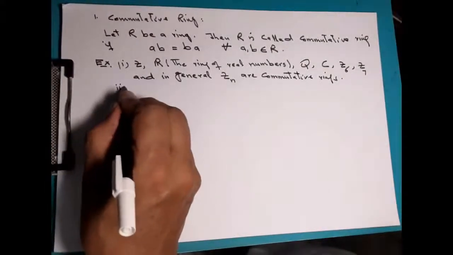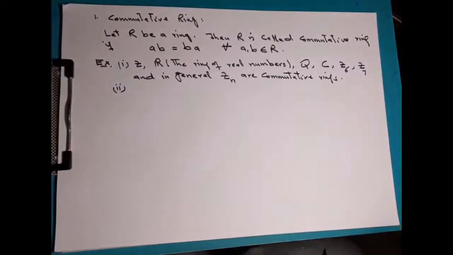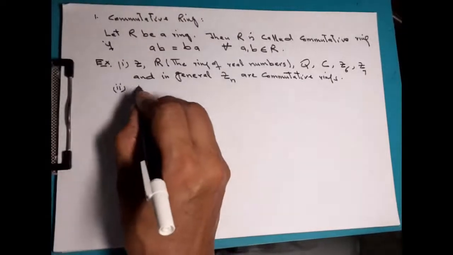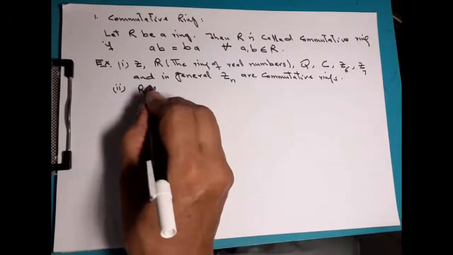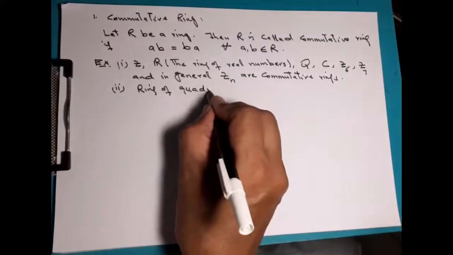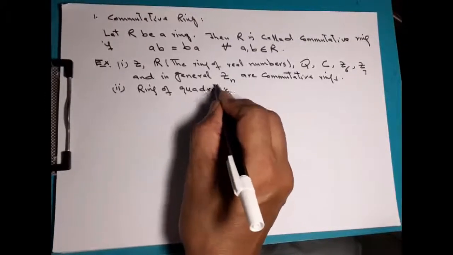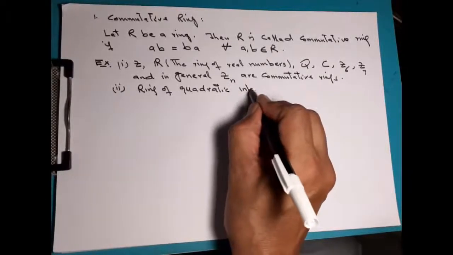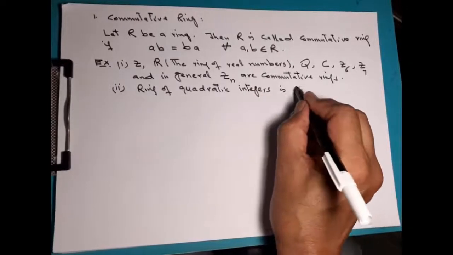We have more examples. The ring of quadratic integers is a commutative ring.